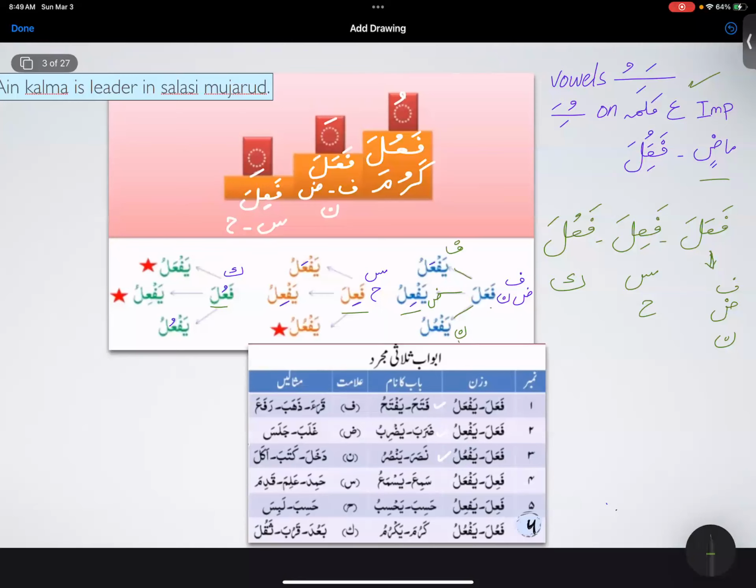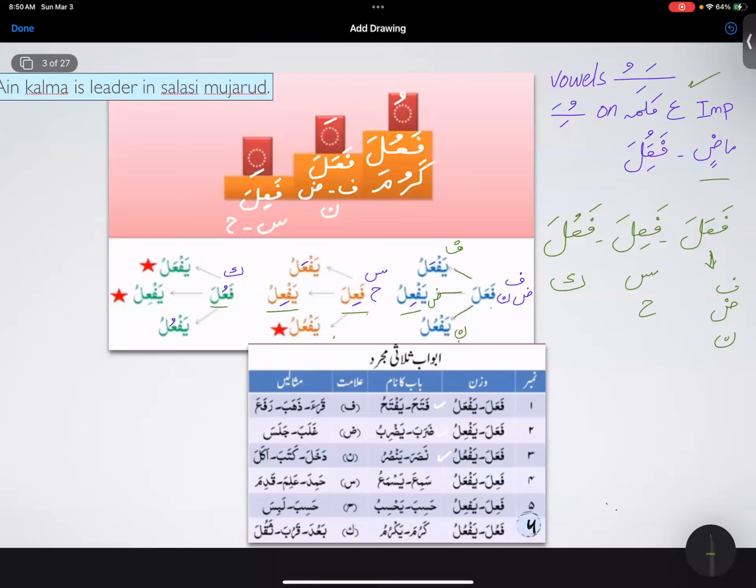Now the other choice was fa'ila. With fa'ila, again we need to have three variations. Fa'ila shakes hand with yaf'ilu, and he is happy, which makes bab hasiba, yahsibu. And then he also shakes hand with yaf'alu, so fa'ila, yaf'alu, which is bab samia, yasma'u, we can remember that way.